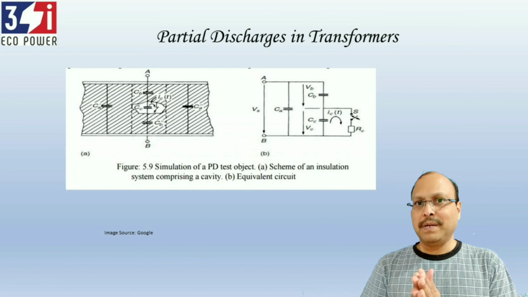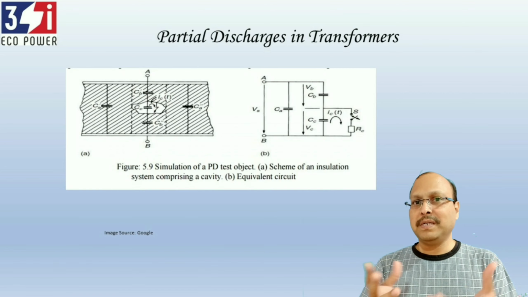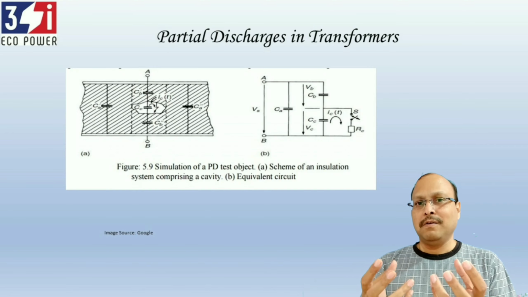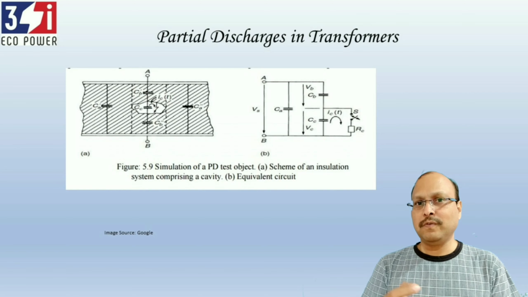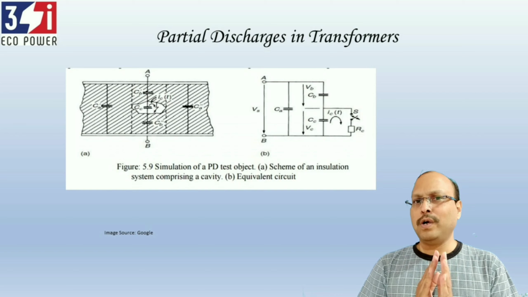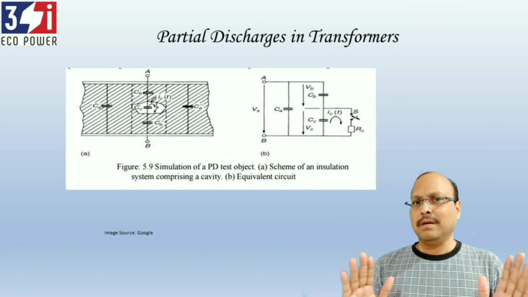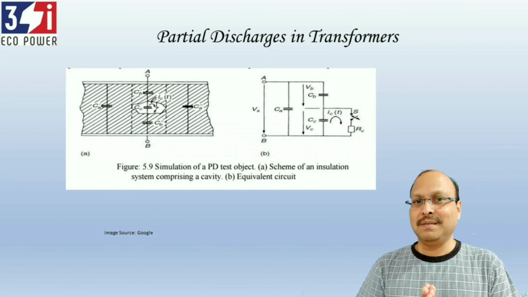Once there is a capacitance, there will be a discharge as well. Whenever the cycle is going up and down, there will be discharges. Once the discharges are there, slowly it will wear out the insulation because of ionization emissions. So this is a simple concept. So avoid voids, simple.